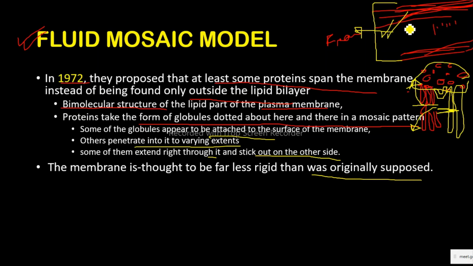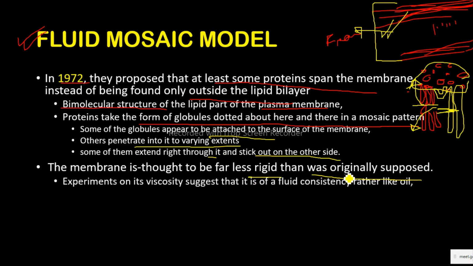But based on the research carried out by these guys, they were able to find out that this membrane is far more flexible. It is less rigid than how it was initially believed.